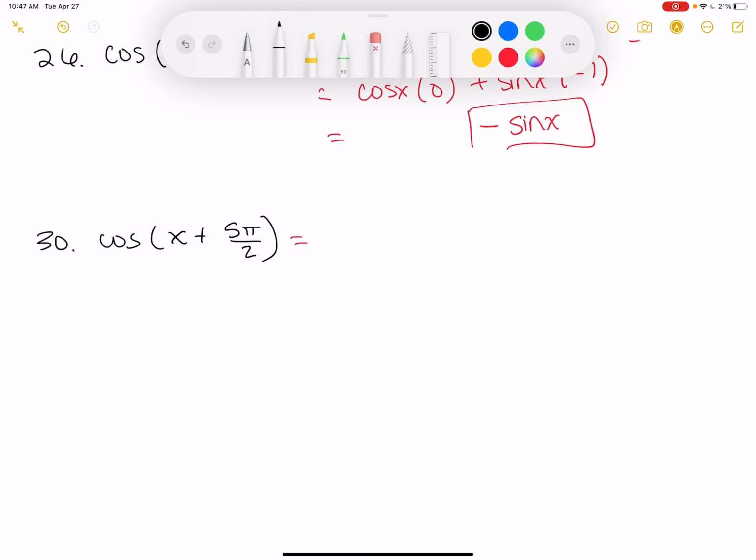No. It's an axis. That's why I said it should be easy. Pi over 2s are always on the axis.